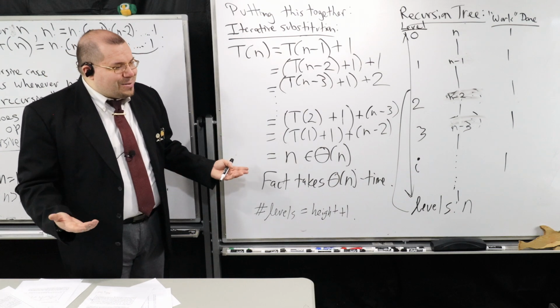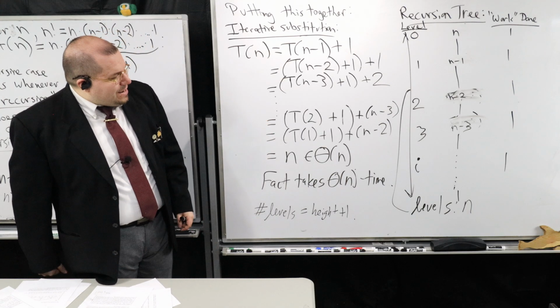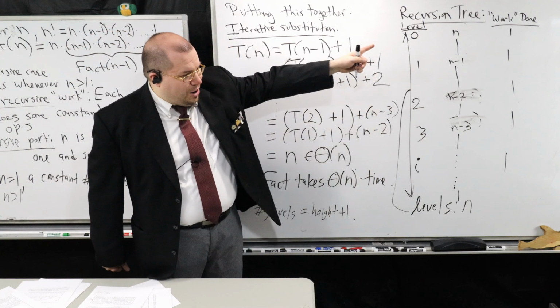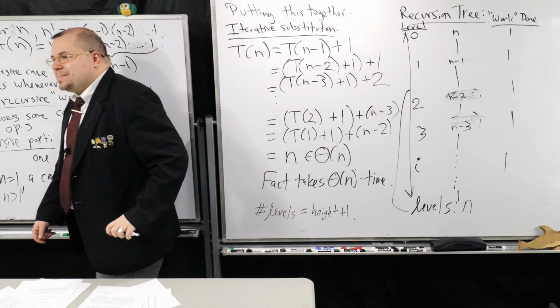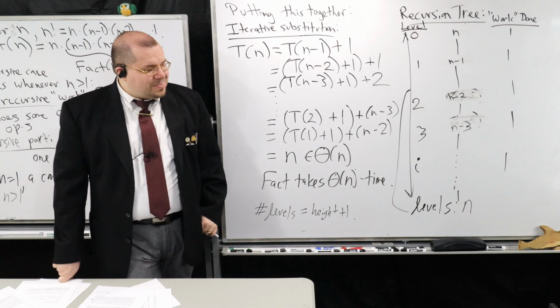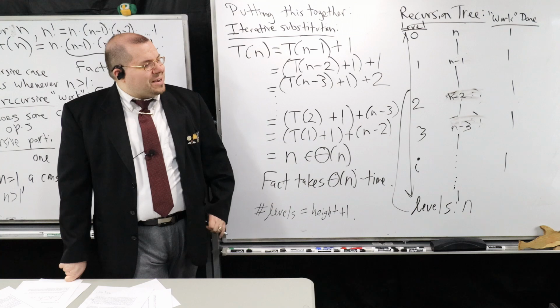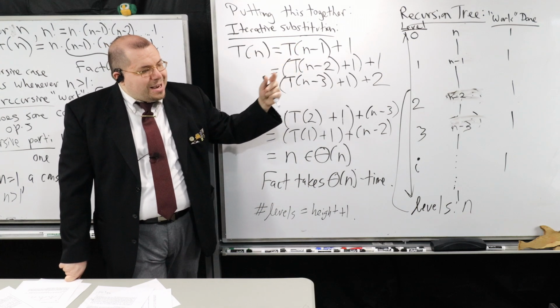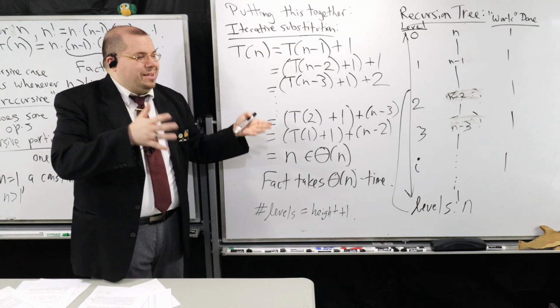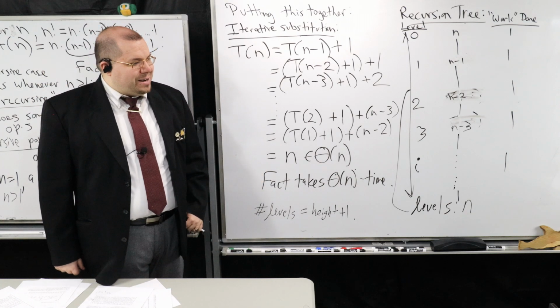So I have a very simple question for you. How do I determine the total number of operations? Does anybody see anything interesting going on in that rightmost column over there? That rightmost column has 1s in it, but notice that all I'm doing is accumulating, collecting in a bucket at each level, the amount of work happening at each level of the tree.